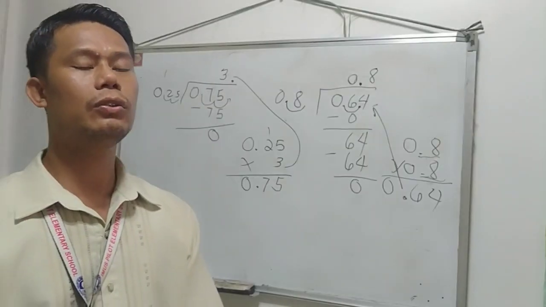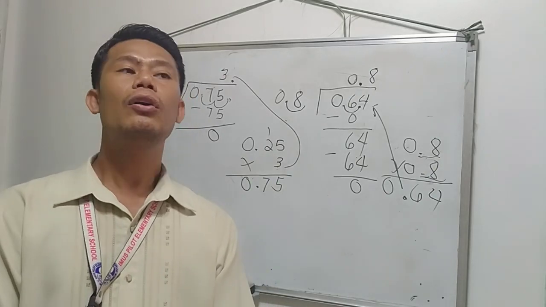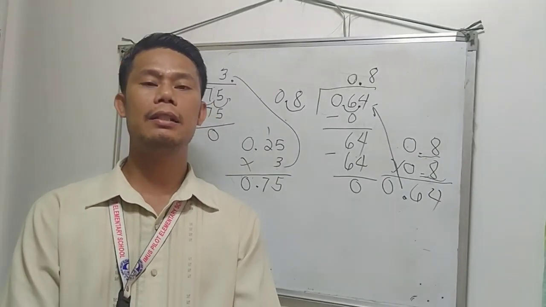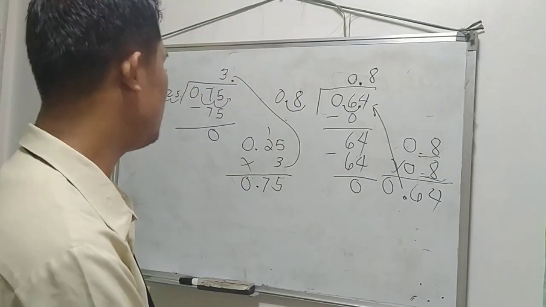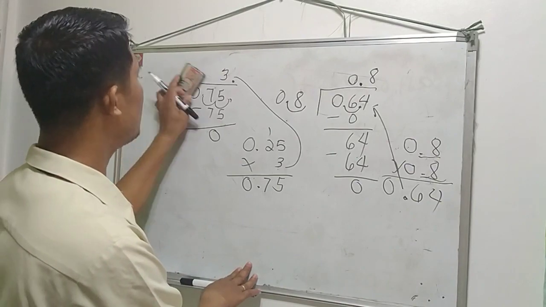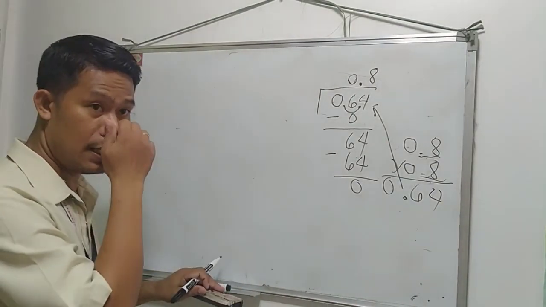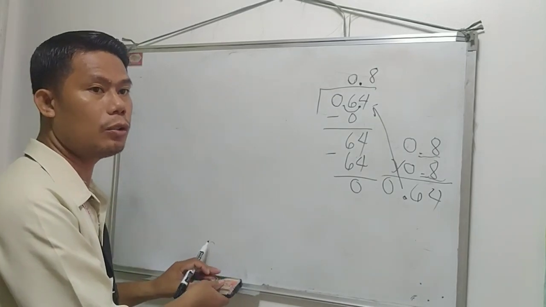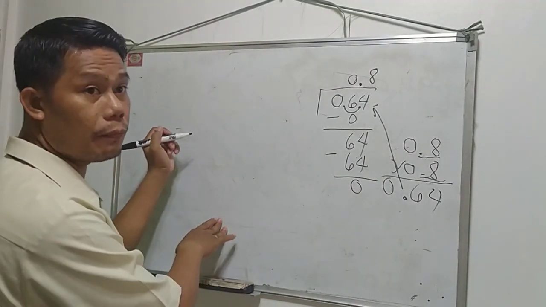So, in order for you to divide, you are going to move the decimal point to the right, or simply multiply the divisor by a power of 10. Okay, now, for our lesson 2, another example natin sa lesson 2. So, we have number 1: what is the quotient of 24 divided by 48?